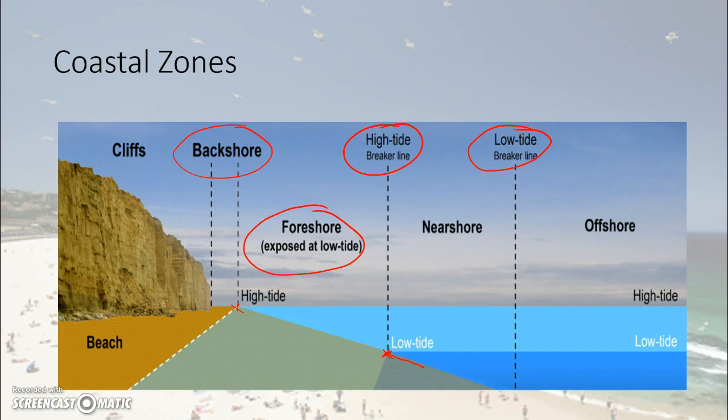Now, what's called the coast itself, or the coastline, is that area off the beach. The coast is the area of land that is right up next to the beach, but does not actually include the beach or the foreshore.